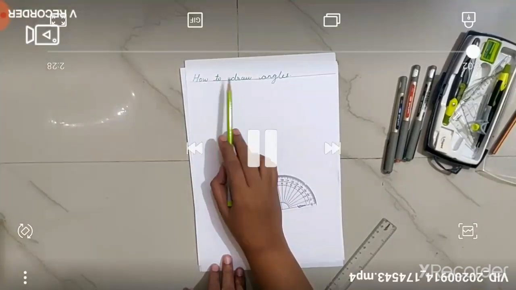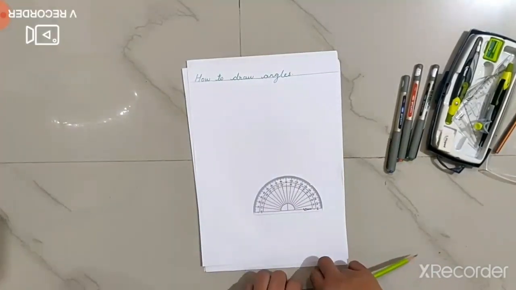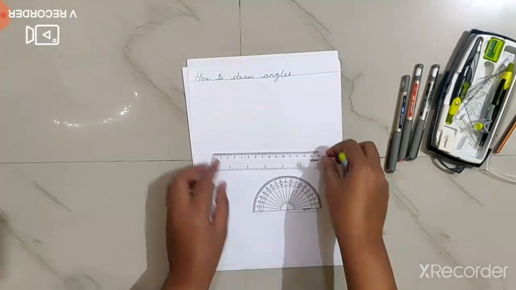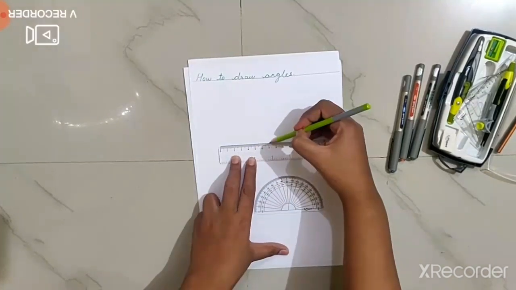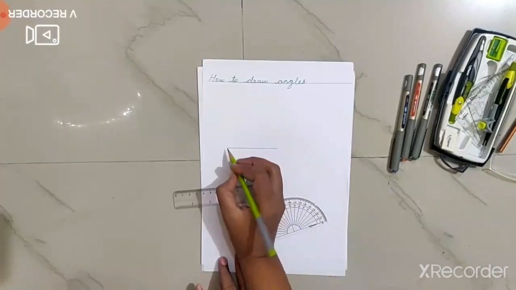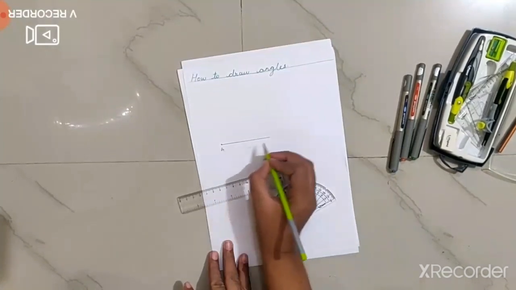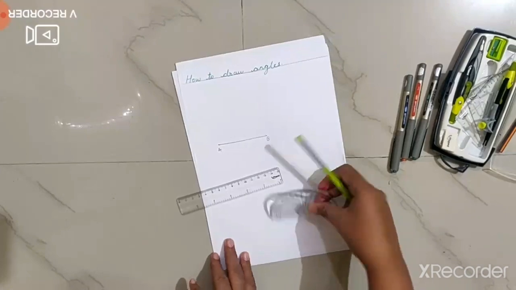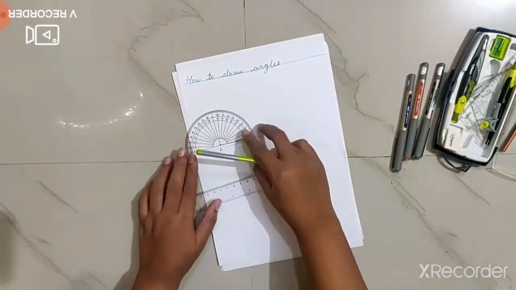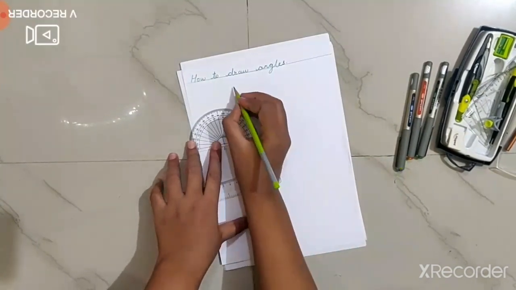How to draw angles? First, I will draw one straight line with the help of a scale. This point is A, this is point B. Now take your protractor and keep the center on A. Place the protractor very carefully.